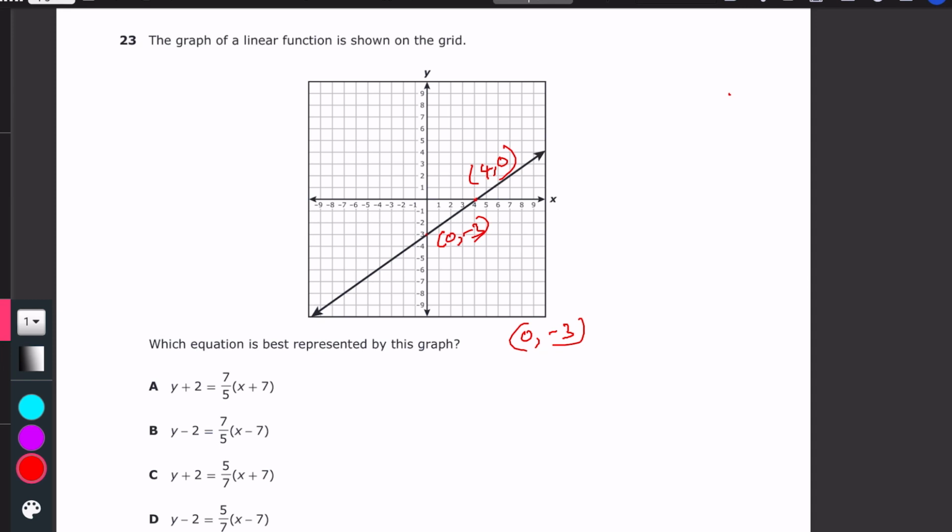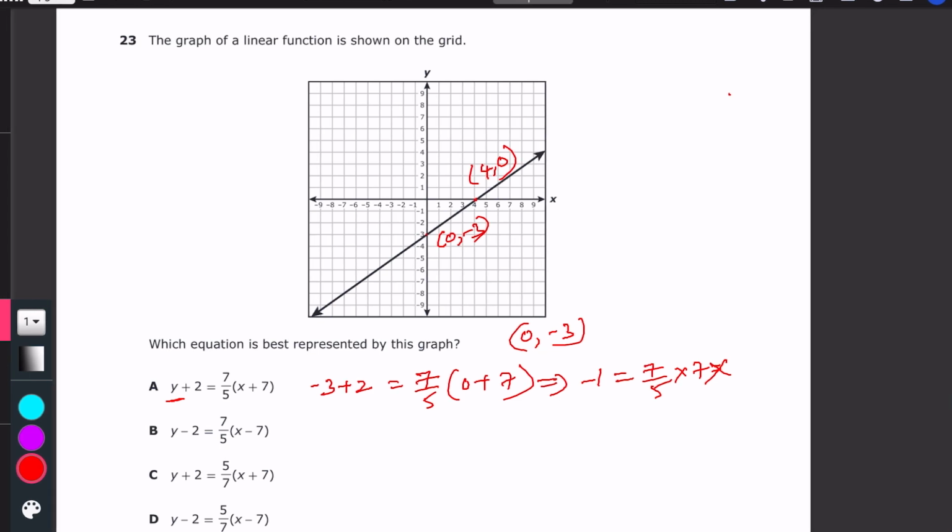We'll just check. Here you're putting y is equal to minus 3. So minus 3 plus 2 is equal to 7 by 5 into 0 plus 7, because x is 0 here. So minus 1 is equal to 7 by 5 into 7, which is 49 by 5, not equal to minus 1.